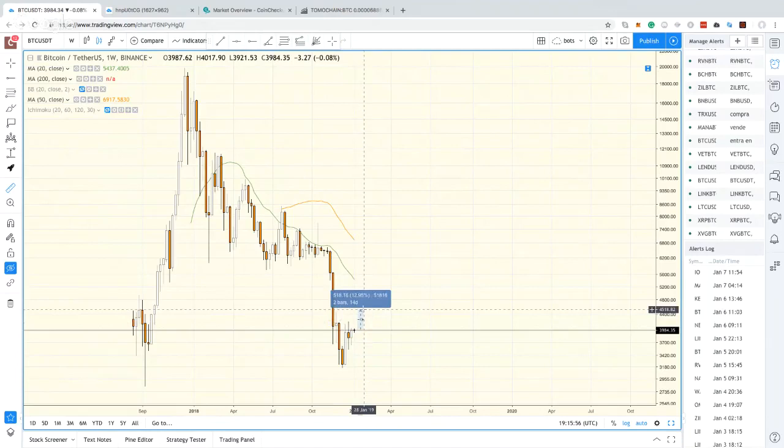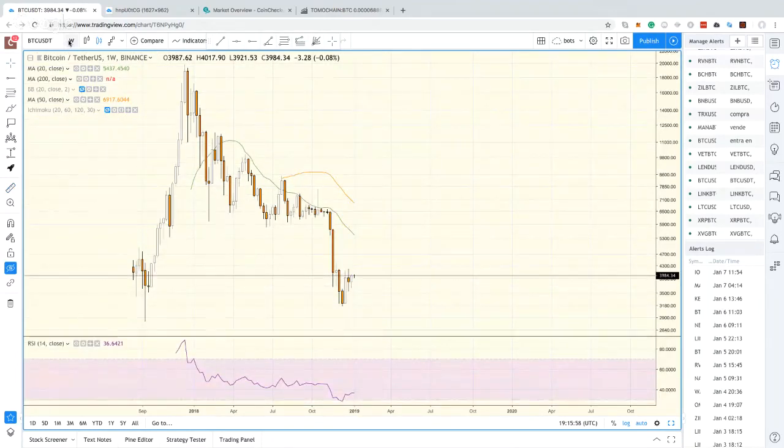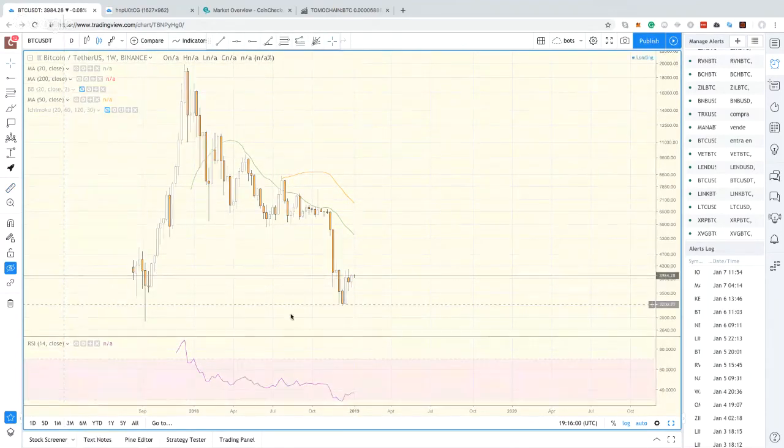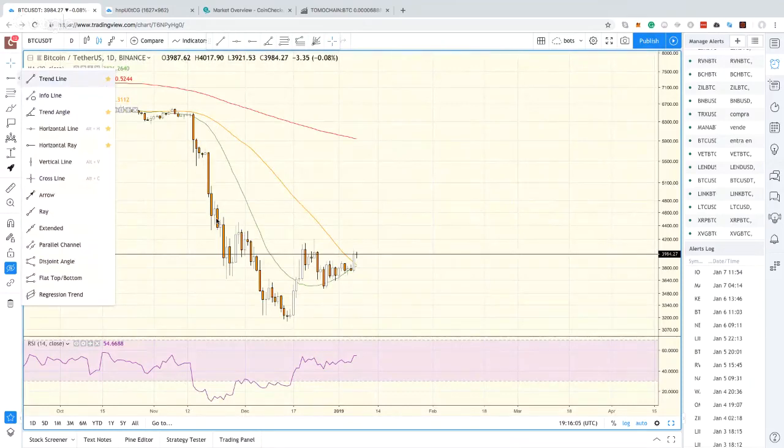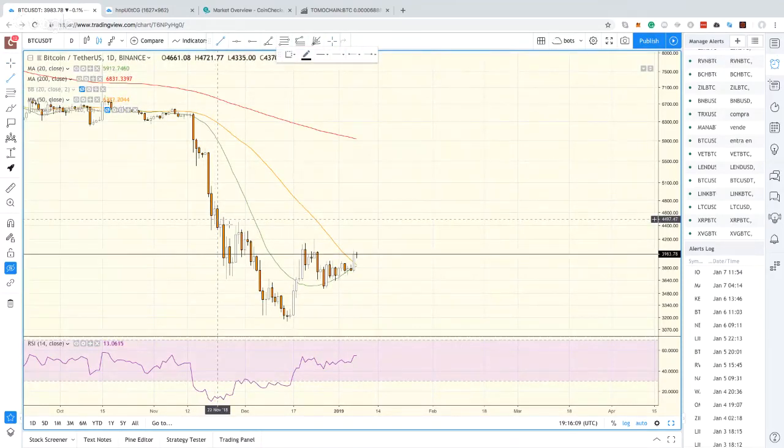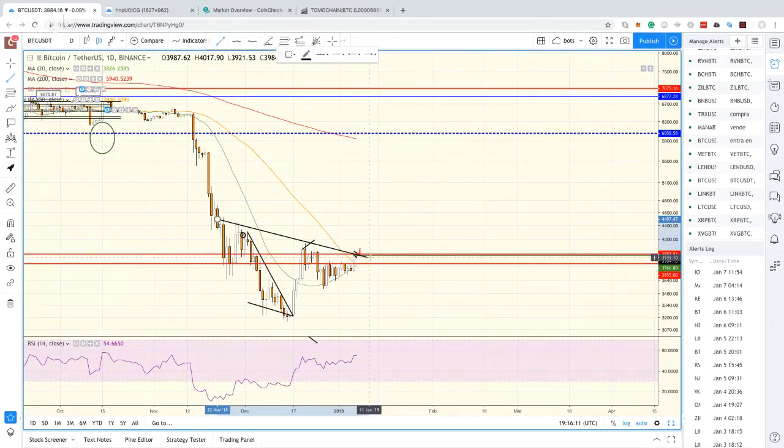So this could be the first target if we break out the inverse head and shoulders that we have in the daily here. And this is how you measure the target of a head and shoulders. Well, this is an inverted head and shoulders. So you just measure it. I'm just going to delete this.